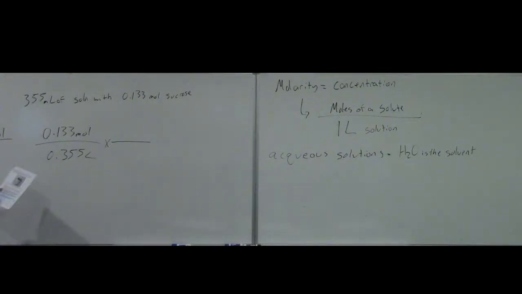Now I want to know the molar concentration of the sucrose. It should just be 0.133 divided by 0.355, yeah? And what do you get? 2.66. That's not the right answer.